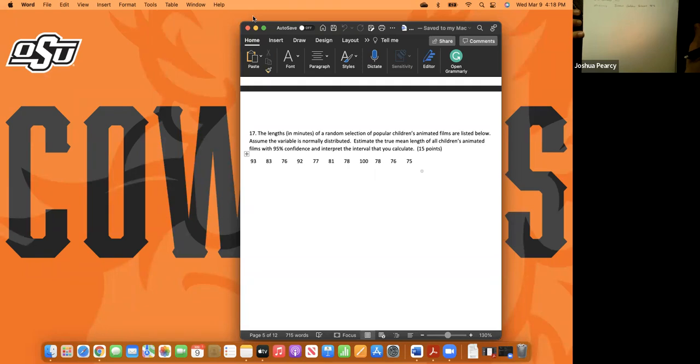The tables will be on the exam already, actually. They're on the back. So you intersect the 95% confidence intervals with 10 degrees of freedom.